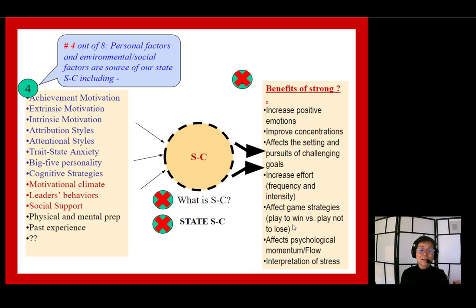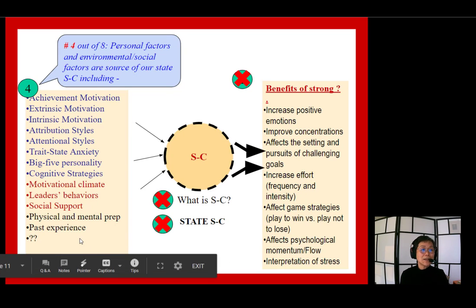A person who has high intrinsic motivation or task orientation, as we learned, tends to have strong self-confidence. And if they have wrong, unhealthy motivation, their confidence fluctuates. If they have trait anxiety, which I do have myself, your confidence could fluctuate. So those are personality factors.